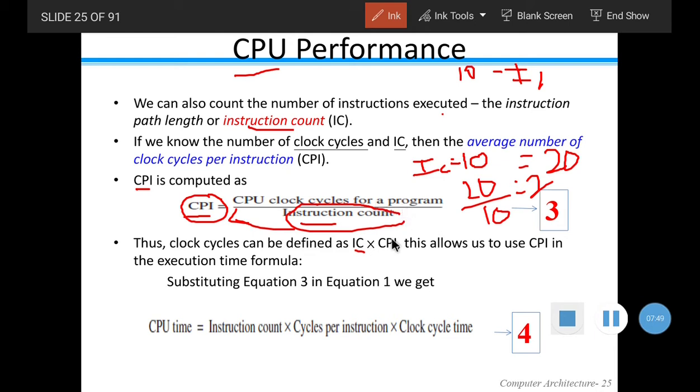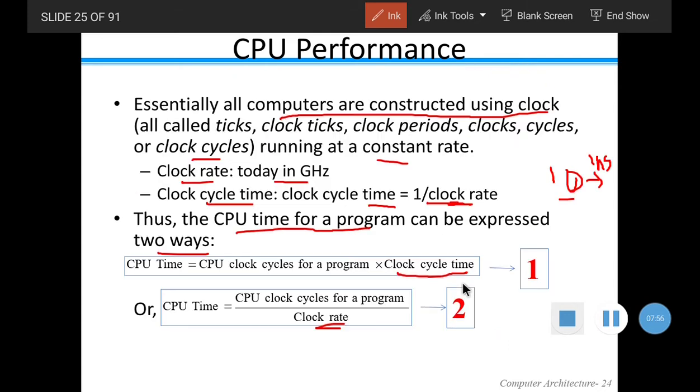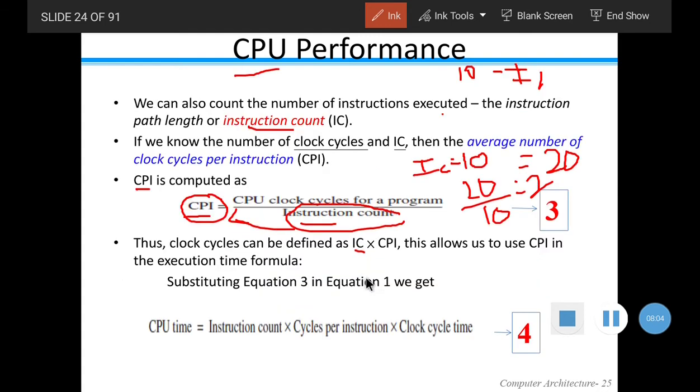Substituting equation 3 in equation 1: equation 1 is CPU clock cycles for a program times clock cycle time. Now CPU clock cycles for a program is instruction count times cycles per instruction, times clock cycle time. So we have four equations.